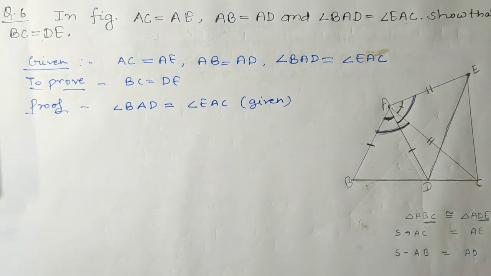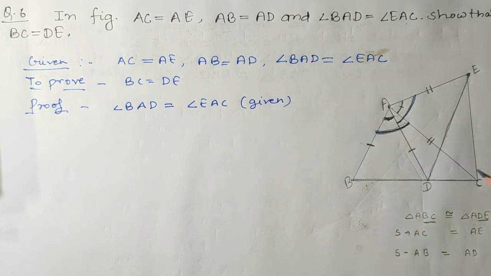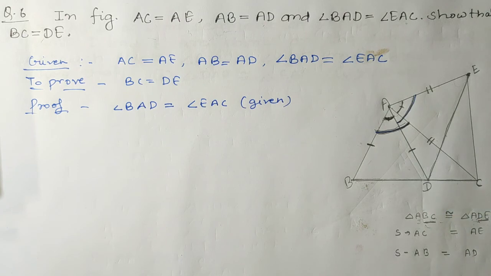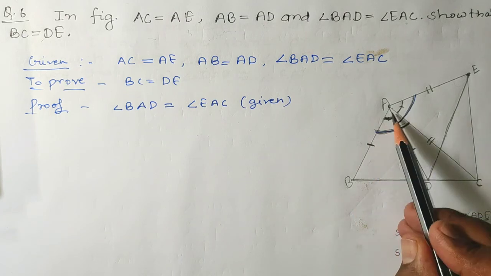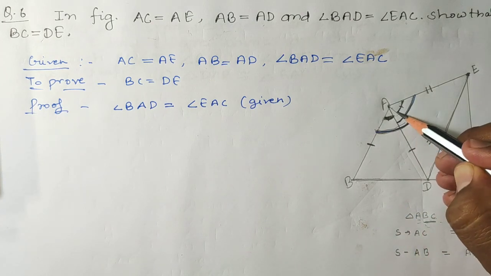Now I am going to make this angle BAD into angle BAC, because to show that these two triangles are equal, we have to show the parts of this, not the part of angle BAD. So angle BAD is given equal to this angle.